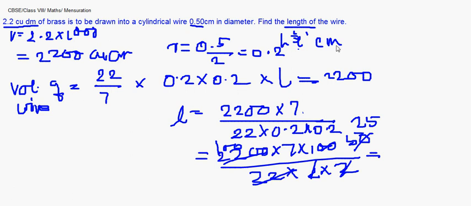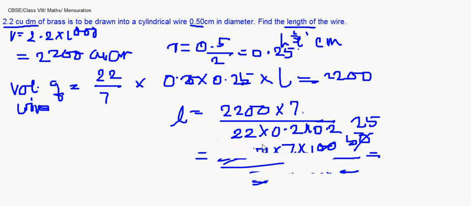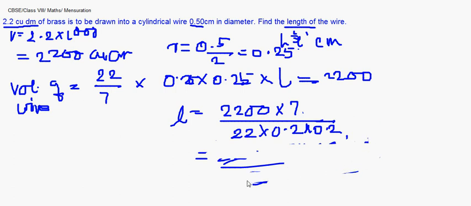Oh, I made a mistake here: 0.5 by 2 gives you 0.25, and this is also 0.25. I'll erase this part so that I do it again, because I got that wrong. I just missed that part, which was 0.25 multiplied by 0.25 again.